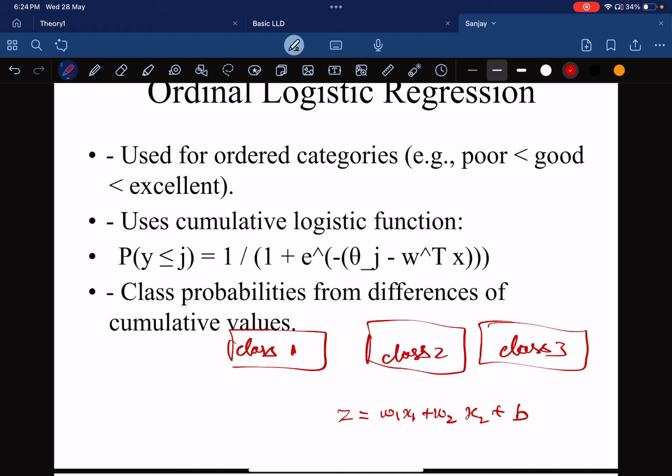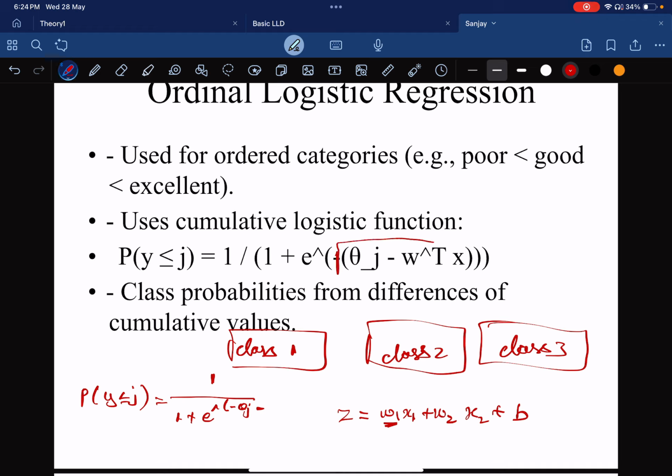The equation looks like p of y less than j equals 1 divided by 1 plus e power minus theta j. Theta j here is like the w1 for a cumulative logistic function, along with the coefficients.